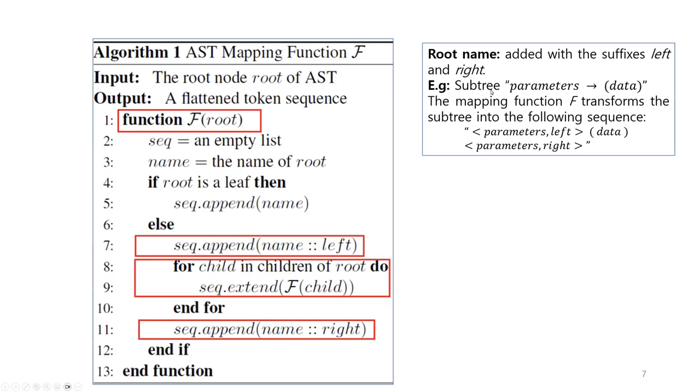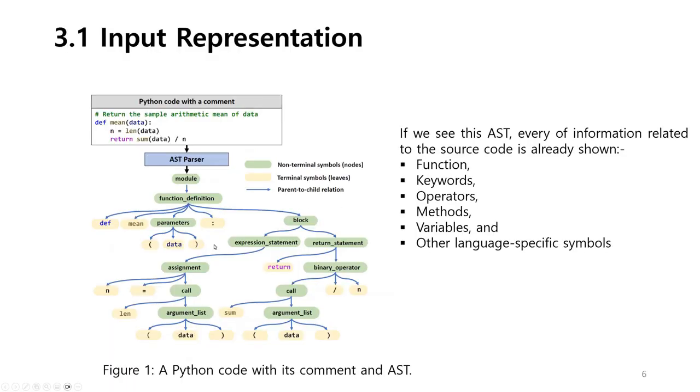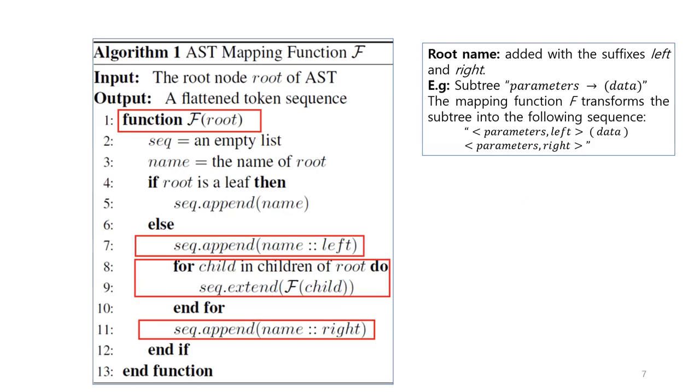Here is an example subtree with parameters from the previous slide. We take this parameter subtree. We have this parameters node and these actual source code tokens. Then we take the parameters name.